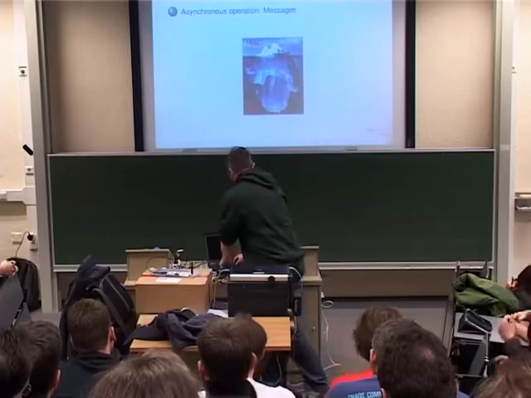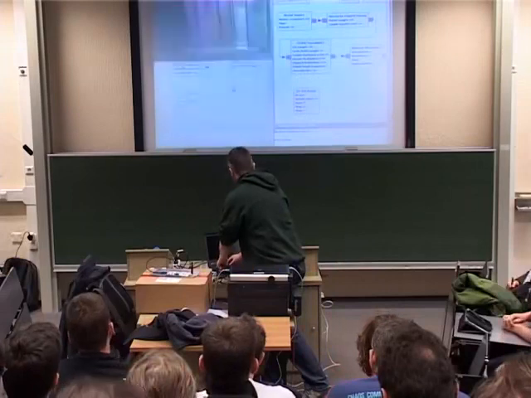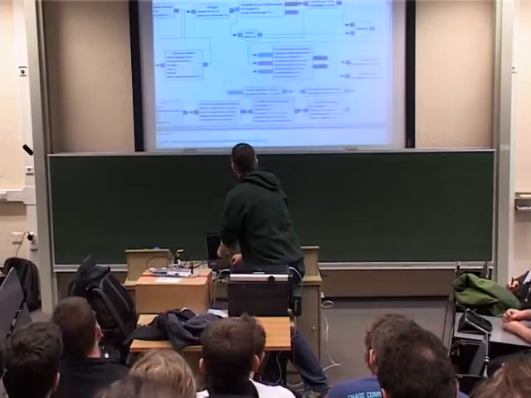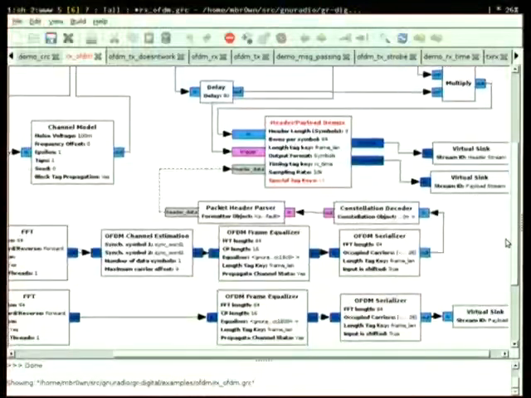So, for example, I'm just going to close these. If I have a look at this, this is the whole receiver flow graph. I can add instrumentation blocks at any point. So, for example, this is my equalizer. And the output of the equalizer should give me complex symbols that already look like the constellation diagram I'm aiming for.